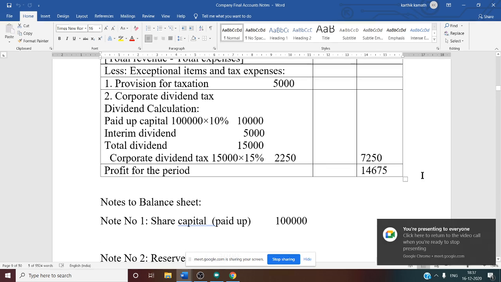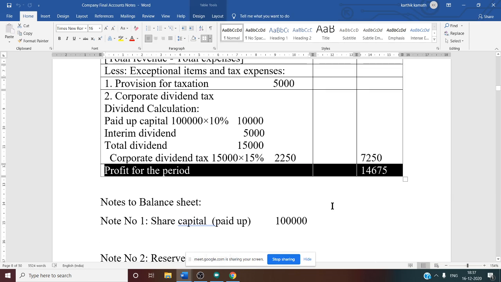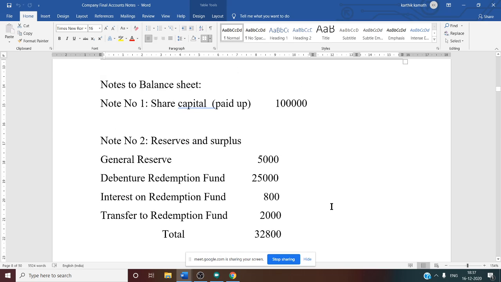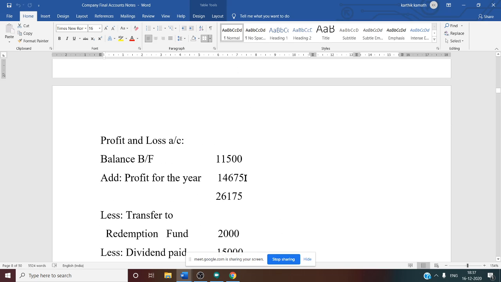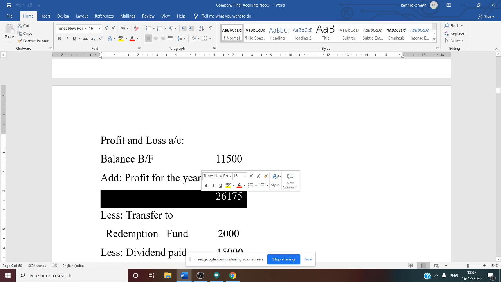Their final answer, profit for the period, 14,675. This one you have to add to the profit brought forward. So now the total profit and loss answer is 11,500 plus 14,675, that is 26,175 we got.